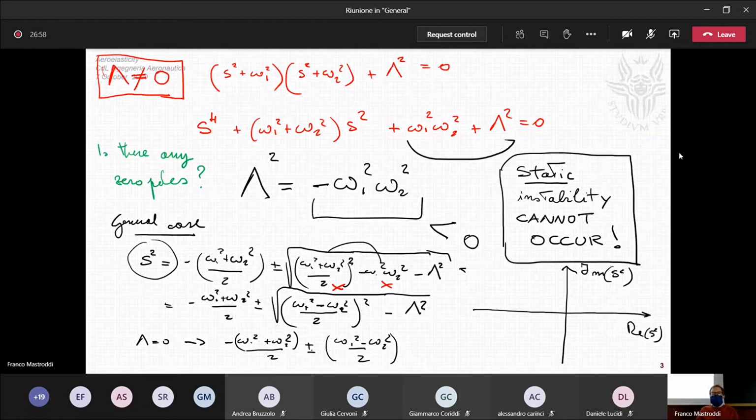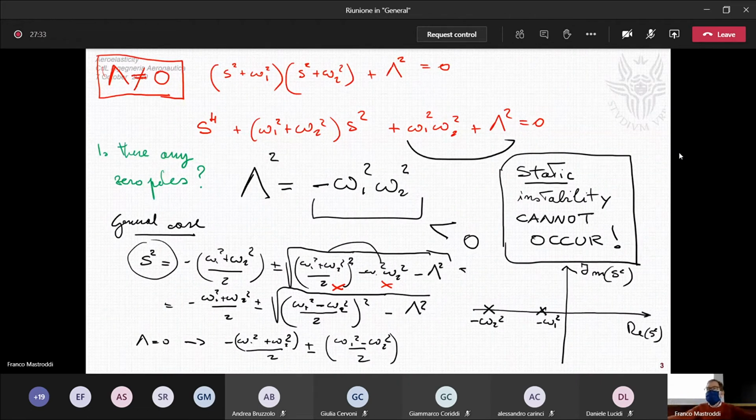If you take the double combination of the sign, you have essentially two sources of your root locus, one root here and another root here, minus omega 2 square, a real number, on the real axis, and the other one in minus omega 1 square.